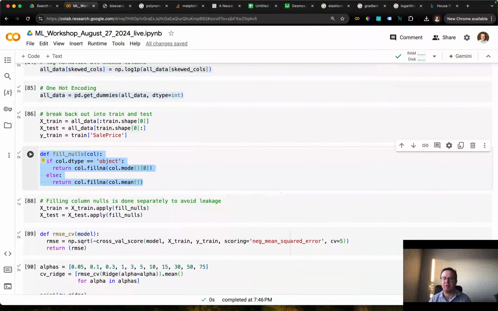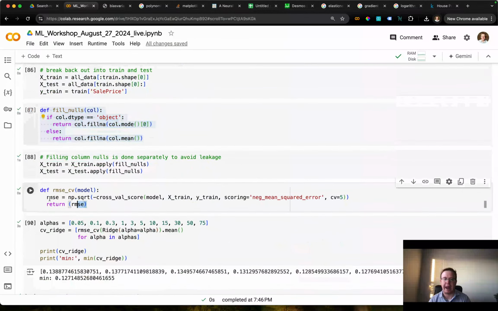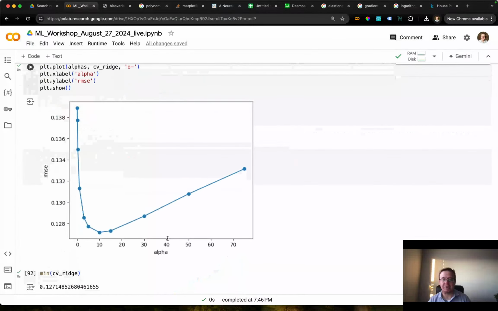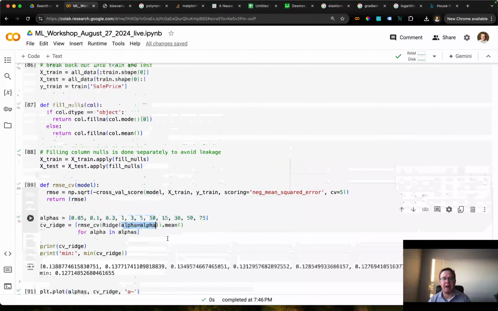We filled the null values with the mean or the mode. And we fit a ridge regression model with the optimal regularization strength, so that our model didn't go so wonky. So we decreased the amount of overfitting. And that's really all that we've done, right?